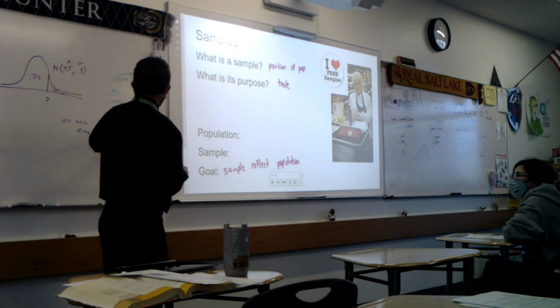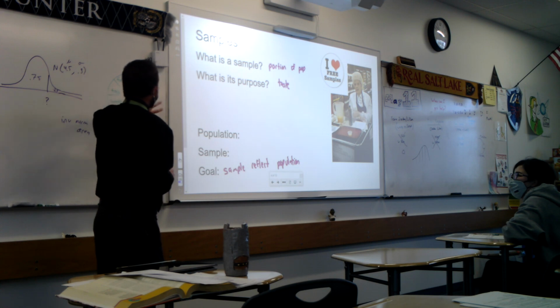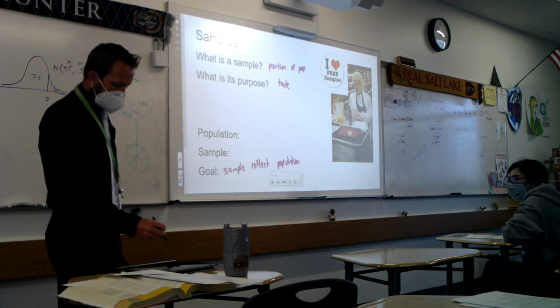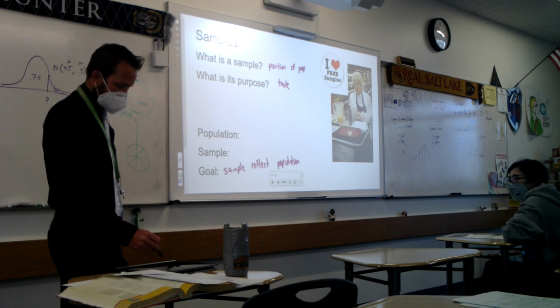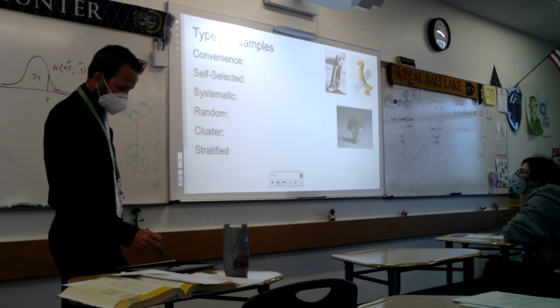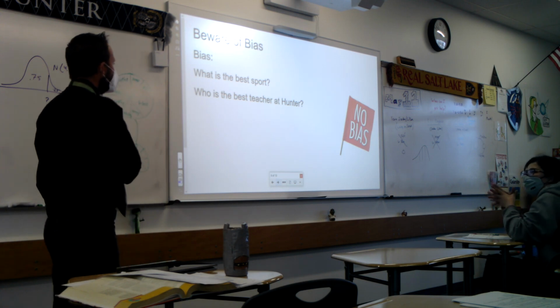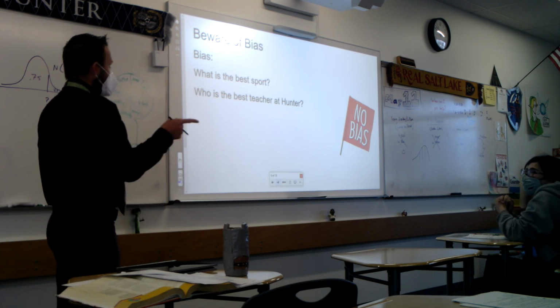When I did the sample of just soccer players, that didn't represent the whole population very well, right? So that's our goal here, we want our sample to reflect the population. So yeah, you either sample equal amounts of each of those, or you sample people that aren't actually on the team.